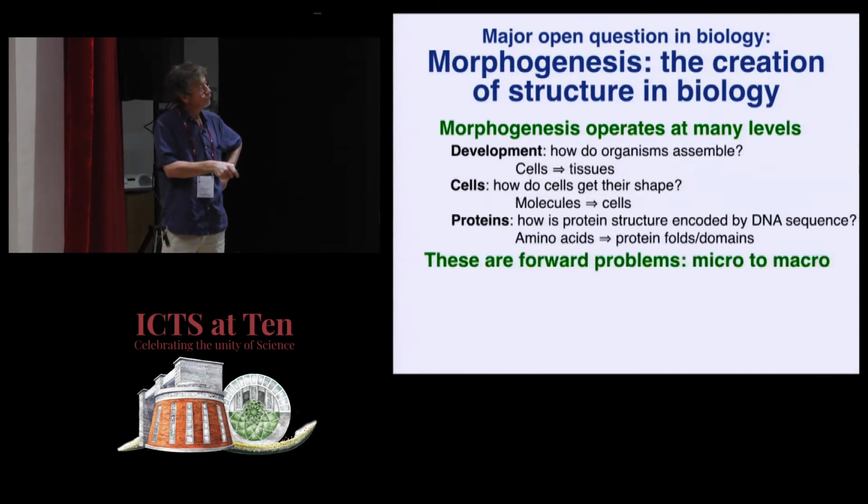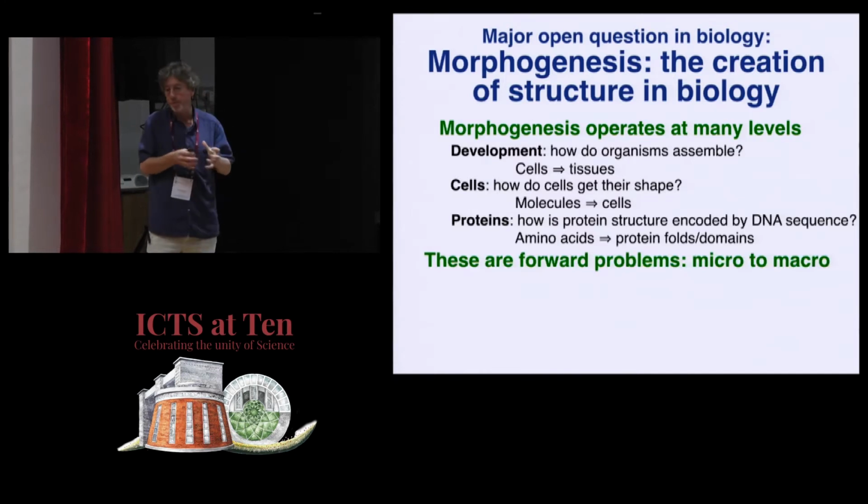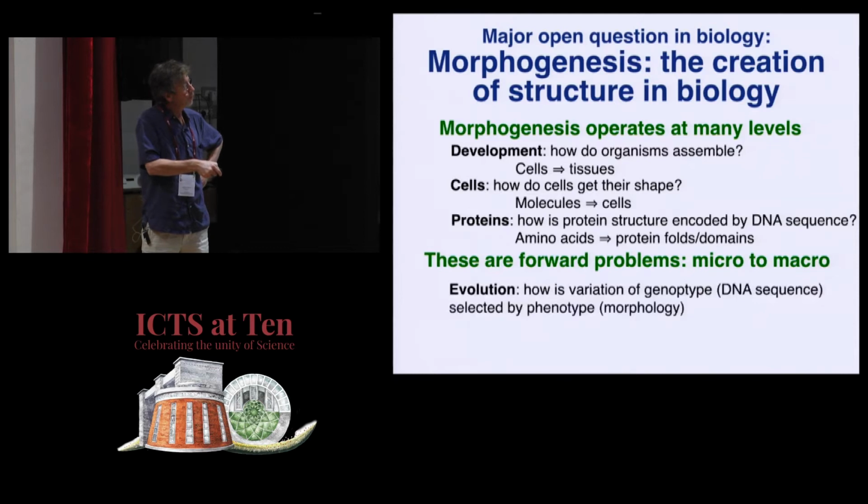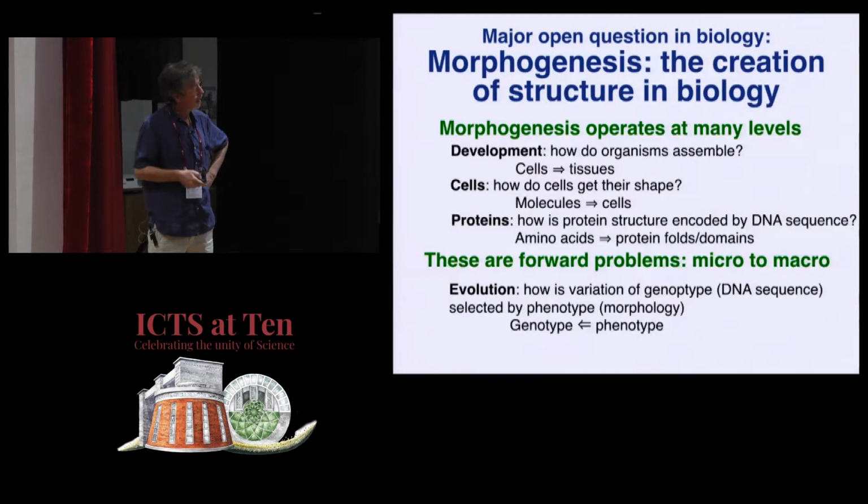Now, these are forward problems. They're going from the microscopic to the macroscopic. But interestingly, the other big question, evolution, is a related but different question. That is, how does variation of genotype get selected by phenotype? And evolution is an inverse problem.